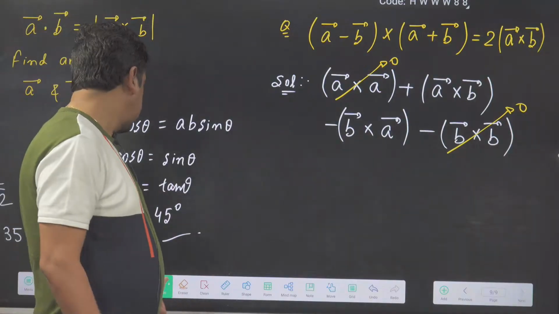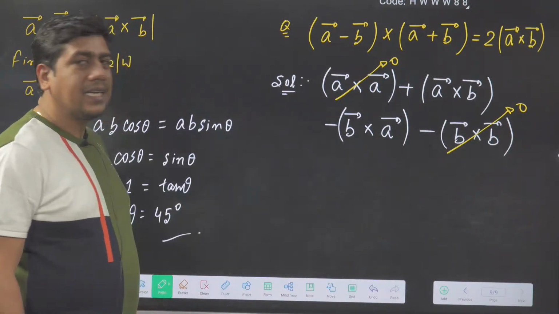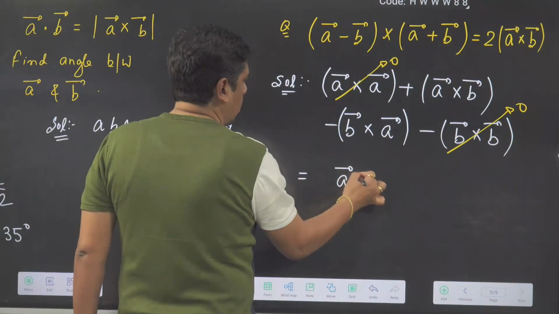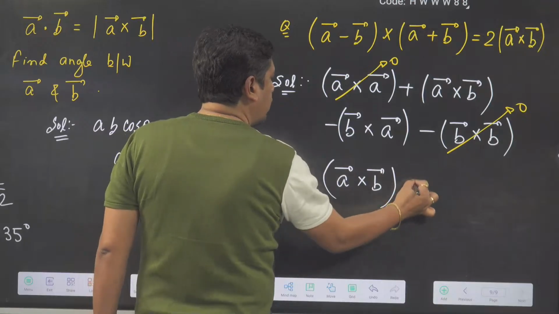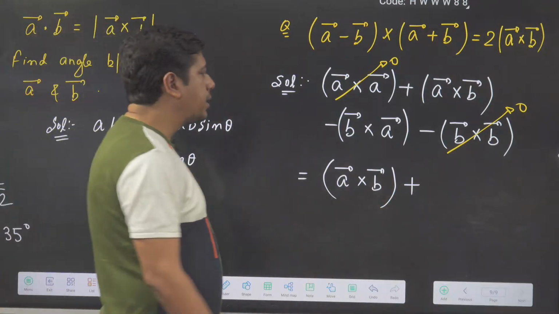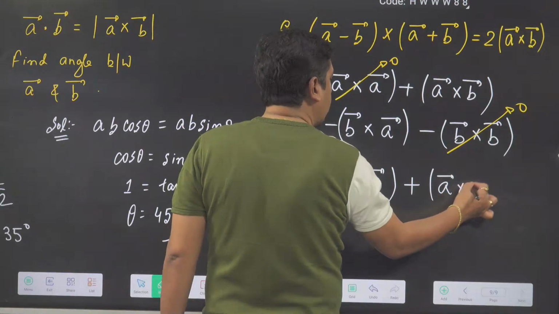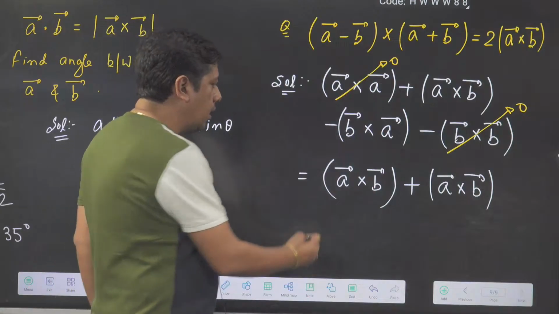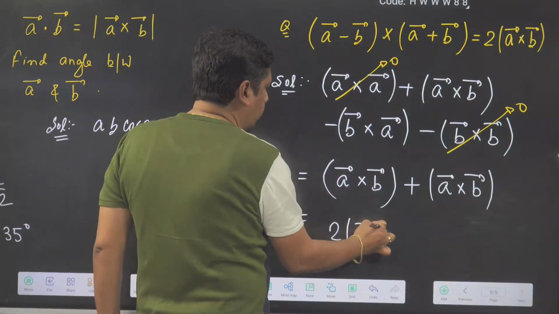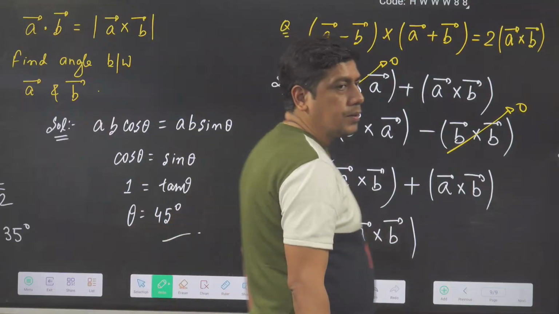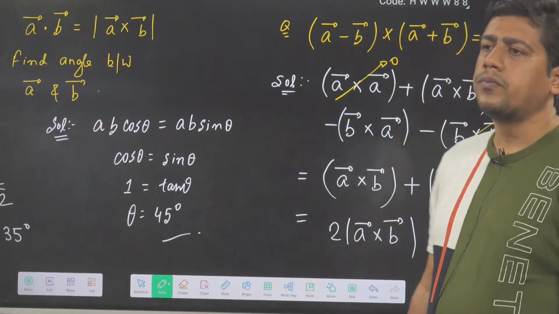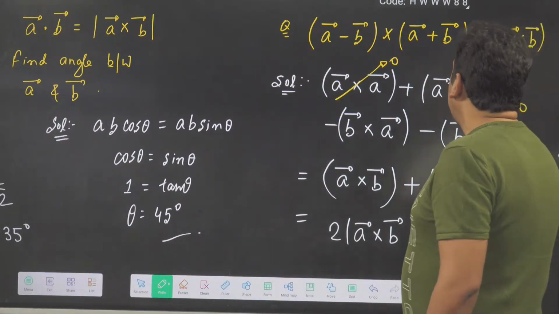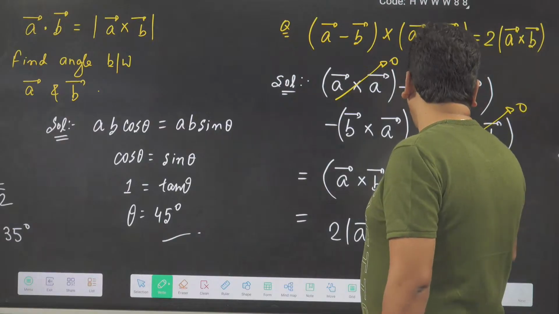A cross B and minus B cross A. Now minus B cross A you can write plus, and then B cross A you can write A cross B, right? I told you minus B cross A is nothing but A cross B. So if you add it, it will become 2 times A cross B. Proved.